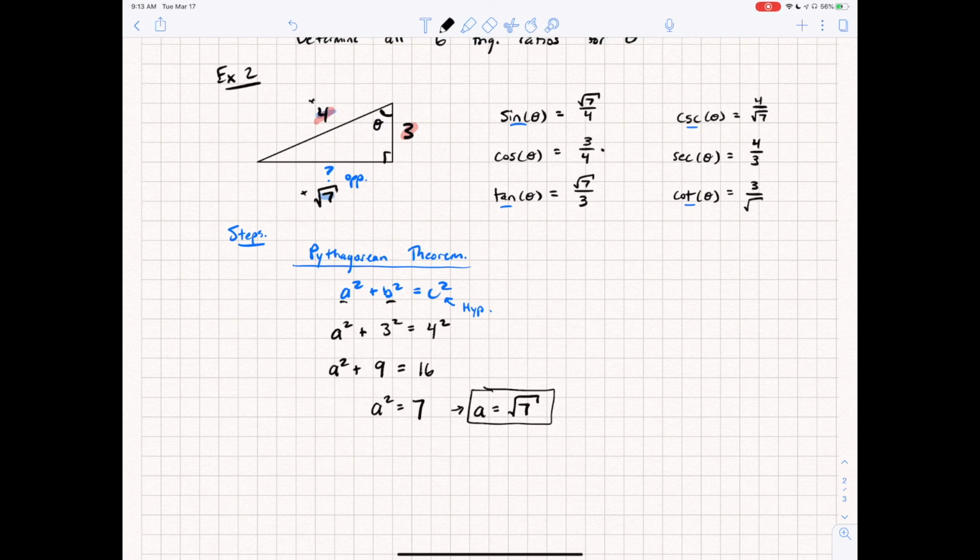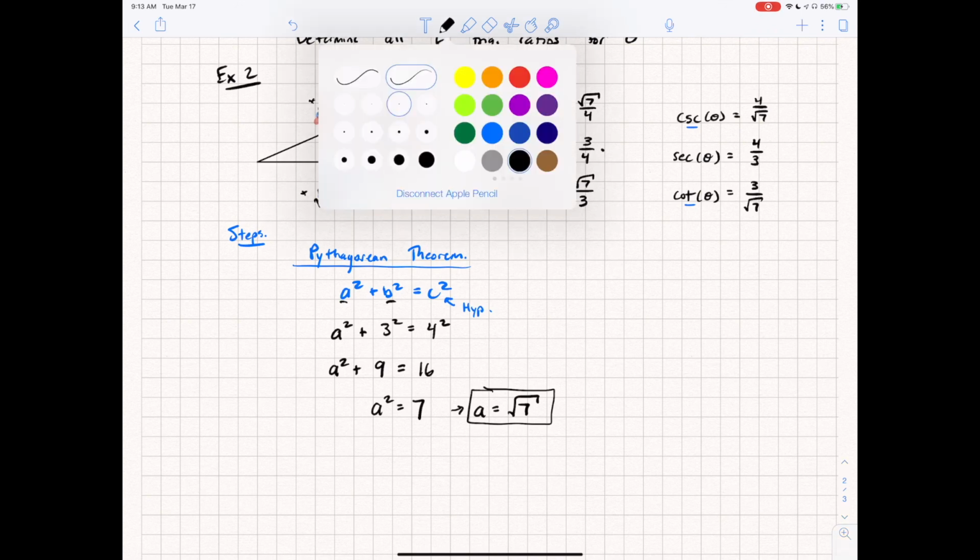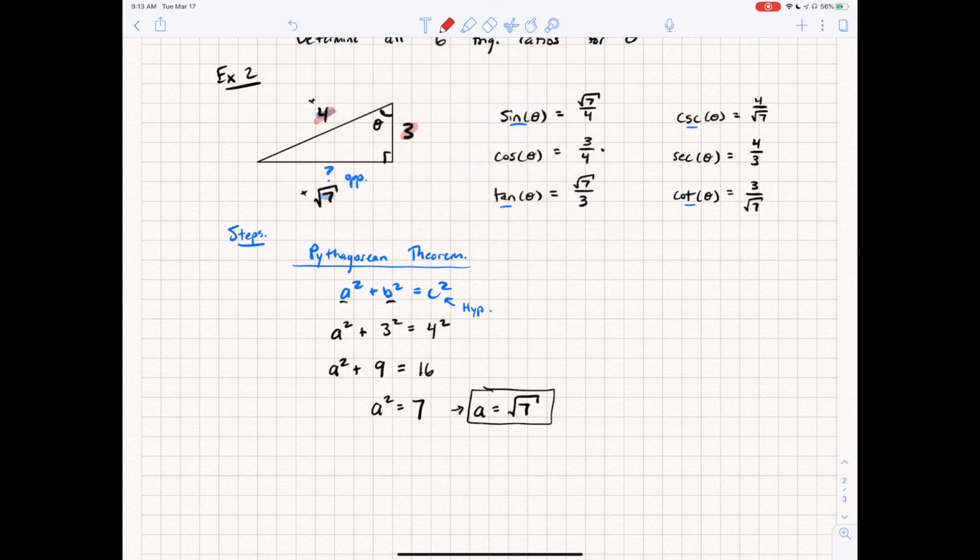Cotangent would be 3 over root 7. They're the reciprocals. And so this would be all 6. For now, these are the final answers. So root 7 over 4, 3 over 4, root 7 over 3, 4 over root 7, 4 over 3, and 3 over root 7.